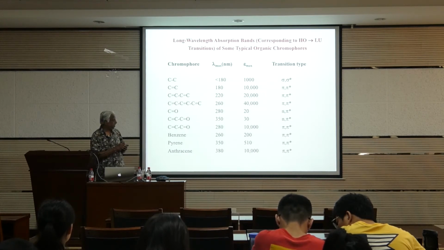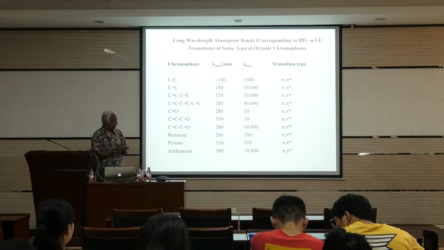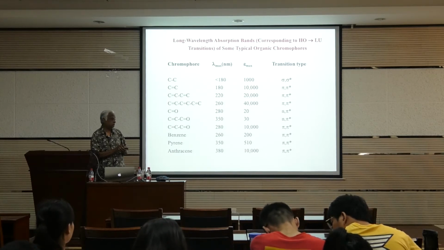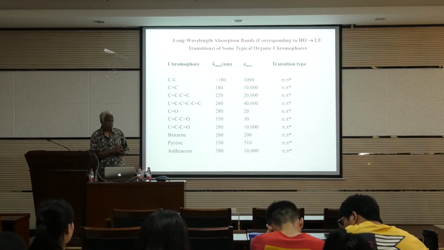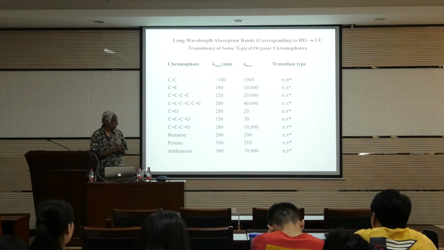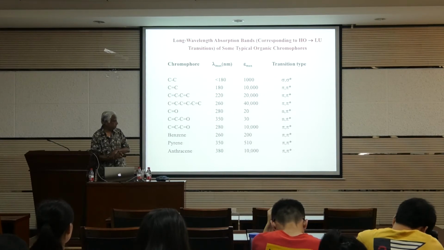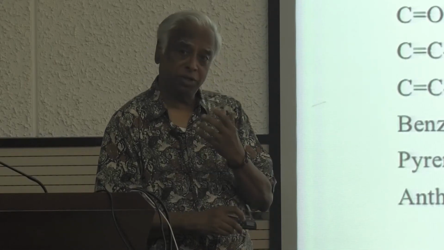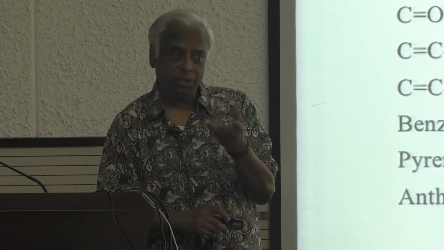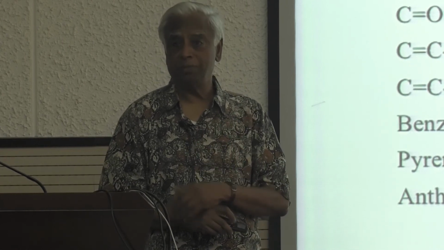But the wavelength tells you the gap between here and here. Benzene is 260 and anthracene is 380. But if you put in 260, whether all the benzene will go up is questionable, because the extinction coefficient is only 200. The probability of absorption is very small. Whereas for anthracene it is 10,000, which means when you put in 380, there is a good chance the light will be absorbed in the sample.